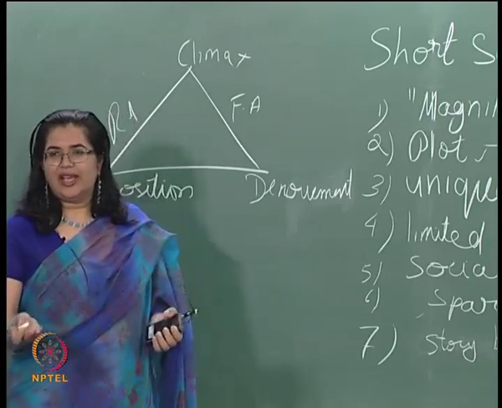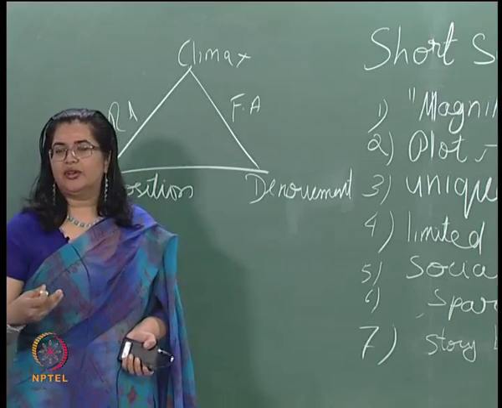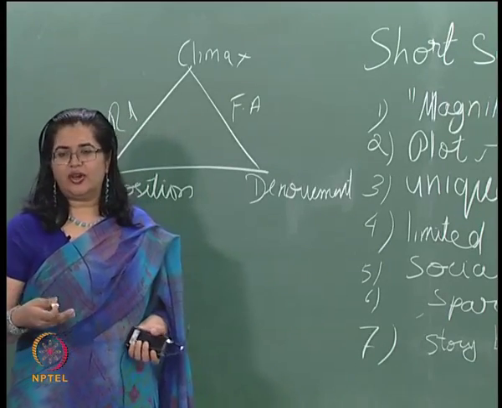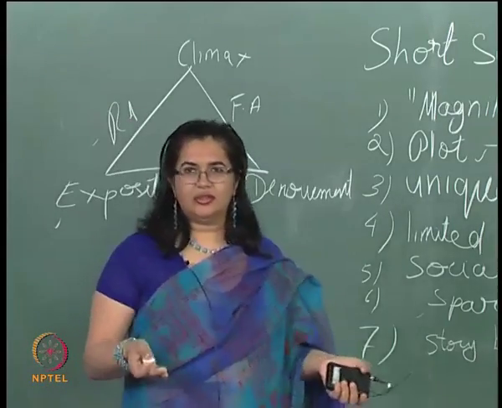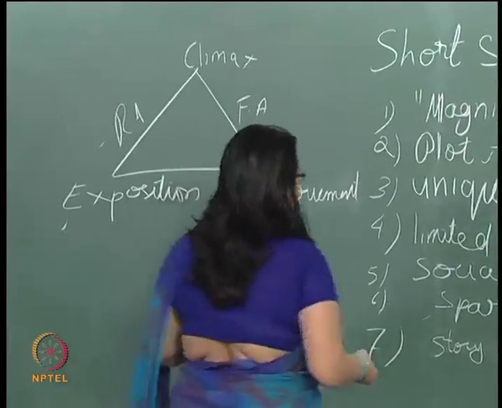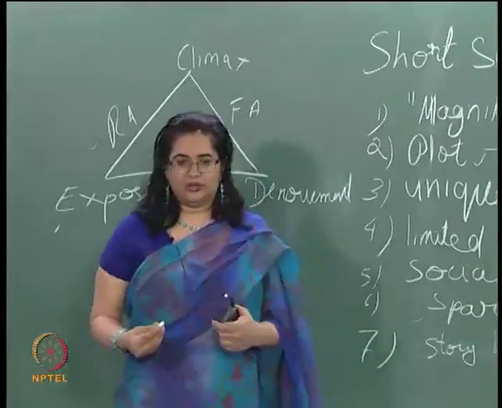As Edgar Allan Poe defines it, a short story shouldn't last beyond half an hour, or a maximum of 2 hours of reading. Therefore, these are the constraints within which the short story writer has to work.